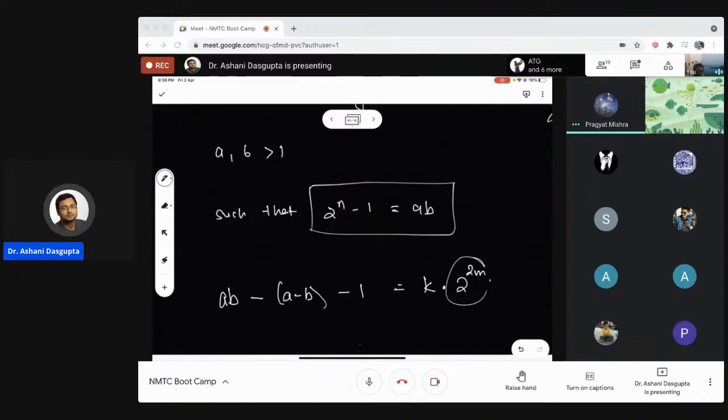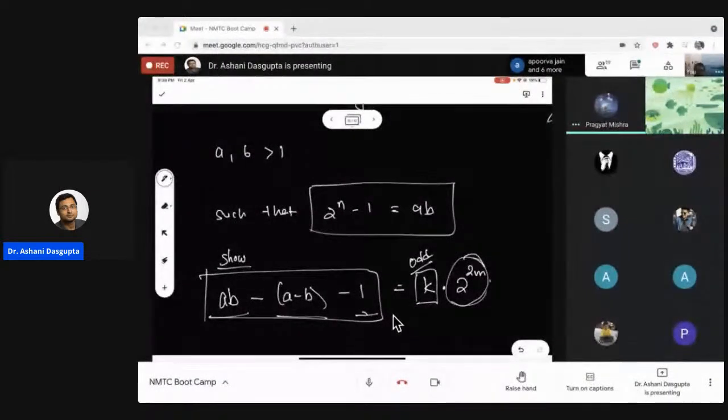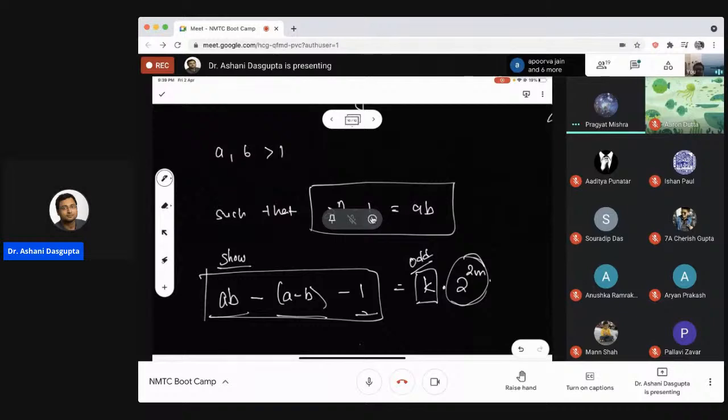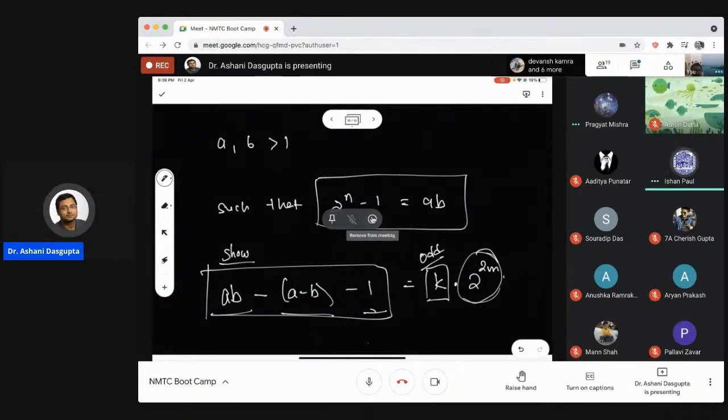You have to show that ab minus a minus b minus 1 is actually an odd integer k times an even power of 2. That's the question. That's what you have to show.